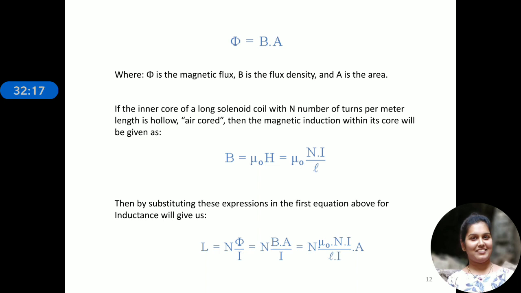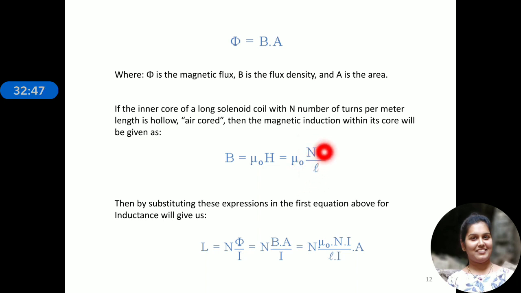If the inner core of a long solenoid coil with N number of turns per meter length is hollow, or if it is an air core, then the magnetic induction within the core can be written as B is equal to mu naught into H, where H can be written as N into I by L.